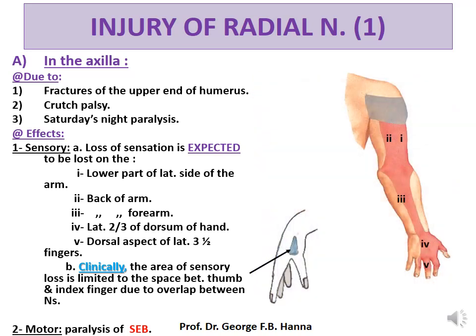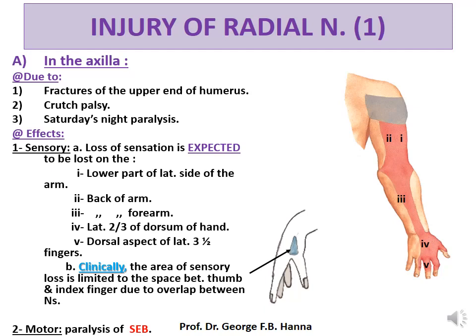Actually, it is expected that the patient will suffer from sensory loss over these areas. Number one, the lower lateral part of the lateral side of the arm. Number two, the back of the arm and back of the forearm and back of the hand, the lateral 2/3 of the dorsum of the hand and the dorsal aspect of the lateral 3.5 fingers.